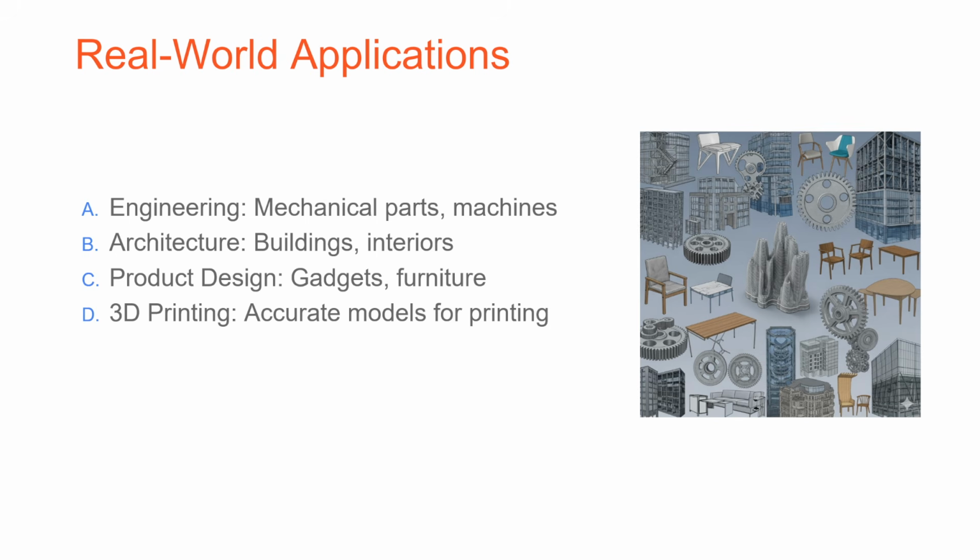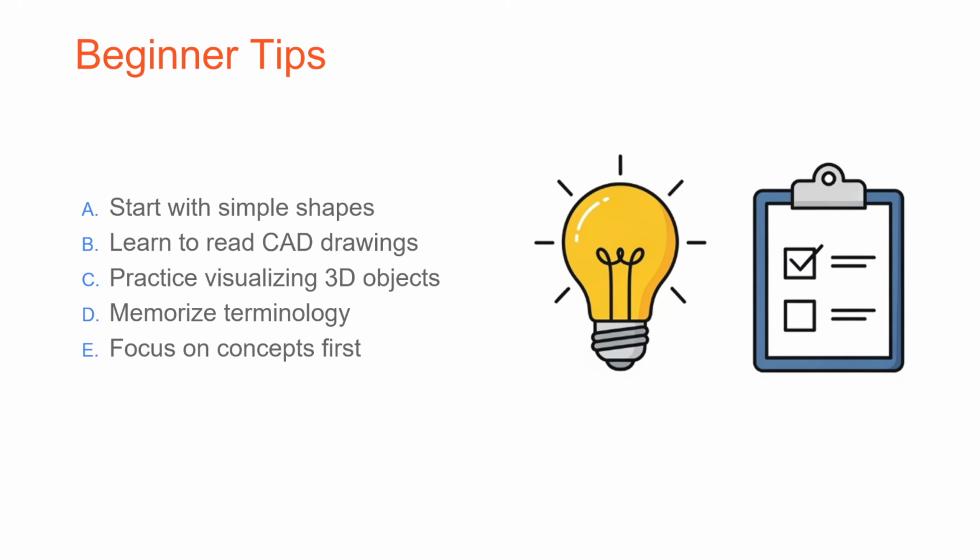In product design, designing gadgets, furniture, and everyday objects. And for 3D printing, CAD models are essential for printing objects accurately. Even if you don't plan to use CAD professionally, learning CAD concepts gives you a strong foundation for design thinking and problem solving.